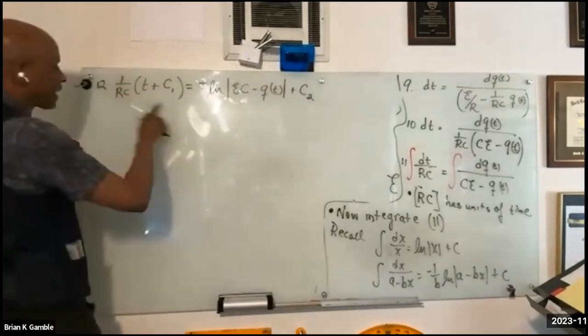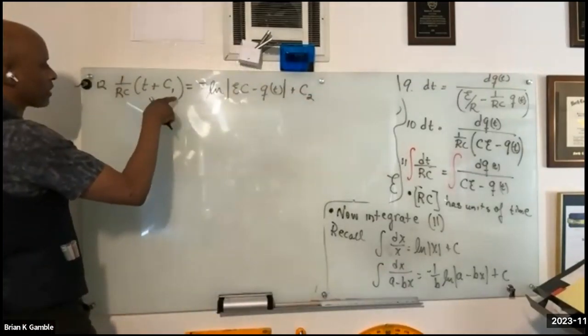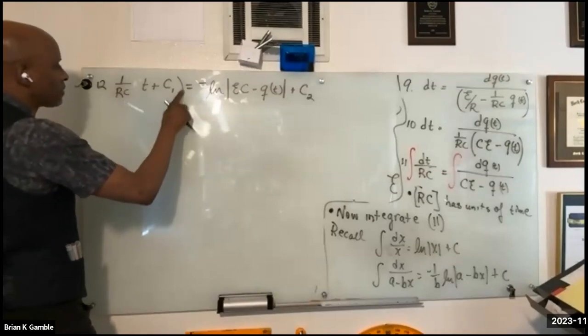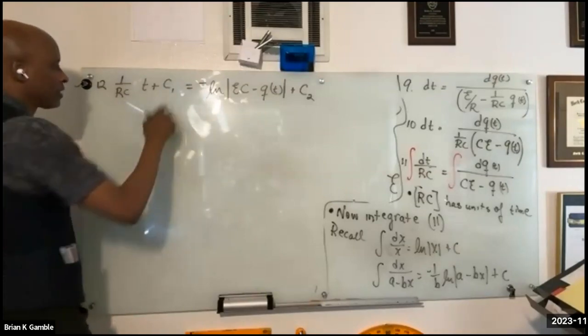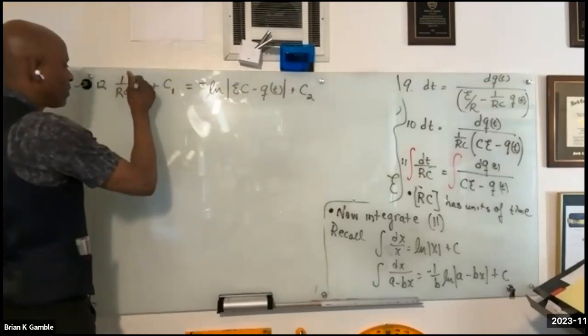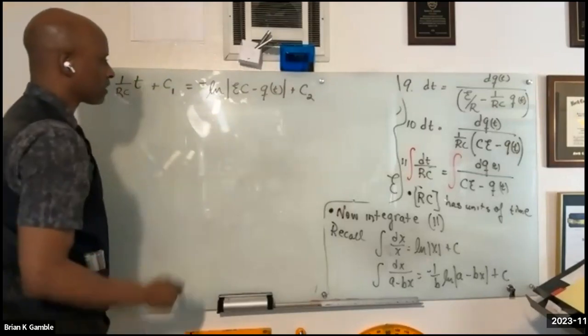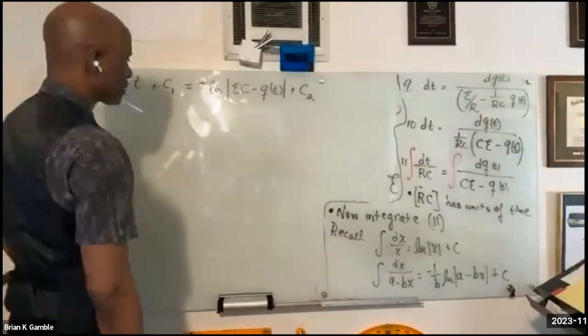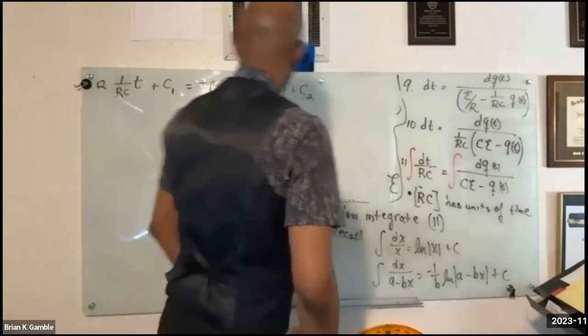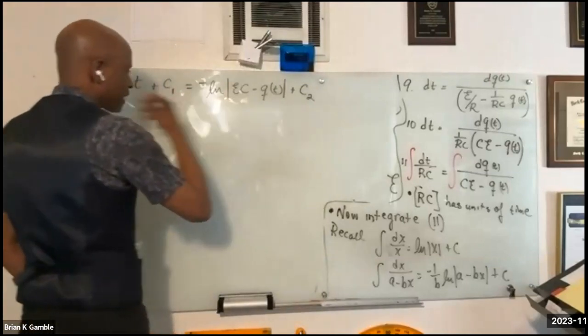Now, I'm going to act like I multiplied this through so I don't have to write the whole thing again. So basically, that's 1 over RC times, I'm just going to call that constant 1. It would actually be a different constant than the one that came out of the integration, but it's still a constant, and I'll have to apply boundary conditions to find them. Now, we're good.